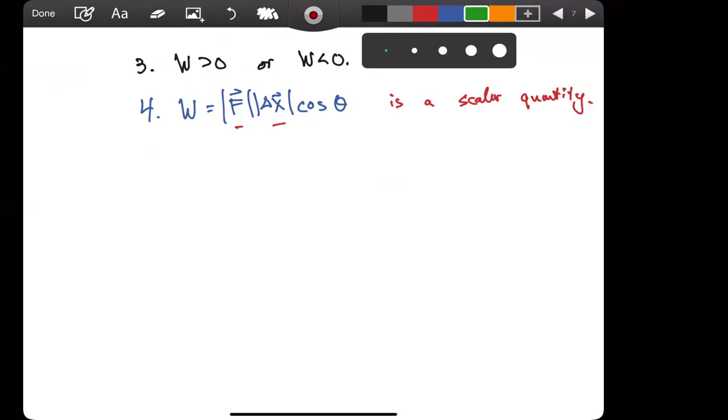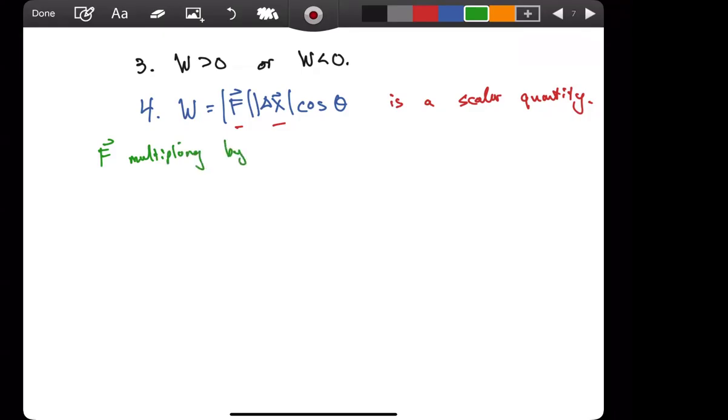So this is a new way to multiply vectors together. Notice what's happening here: I'm taking a vector, which is force, and multiplying by another vector, which is displacement, to then get a scalar quantity out of it. So even though I'm taking two vectors and multiplying them together, we're actually getting a scalar quantity.